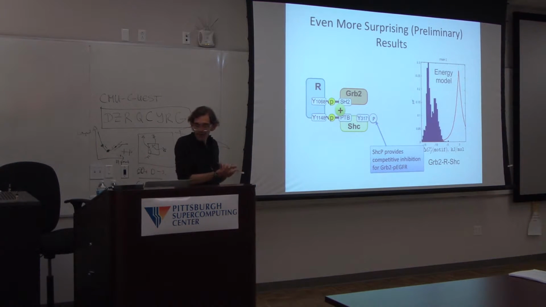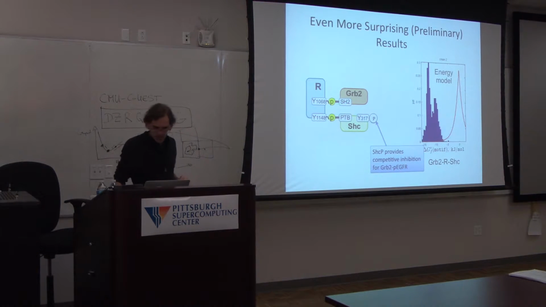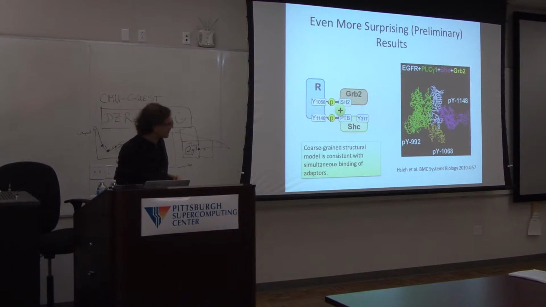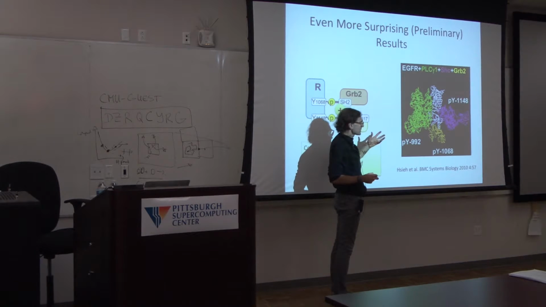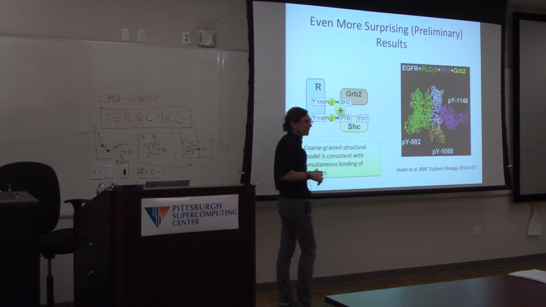So I can't tell you today which one is correct. I can say that basic structural considerations don't rule out this complex. And I think in many cases of receptor signaling, it's possible for many proteins to come together and form a single complex.